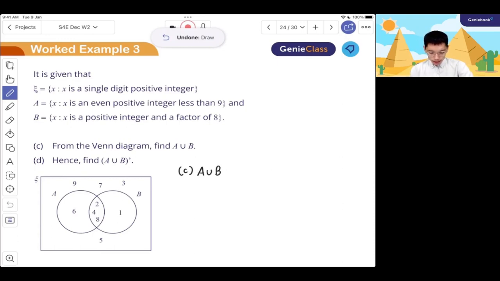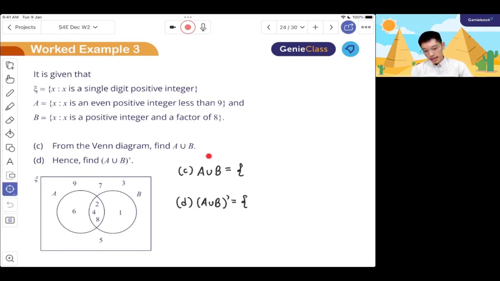Write your answers. If you are confident, you can write down the whole set of A union B. I'll give you maybe 2 minutes. Let's think about it. What is an element in A union B, or all the elements in A union B?